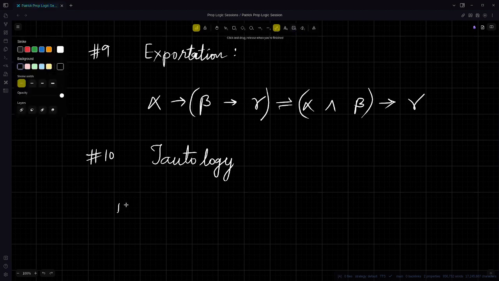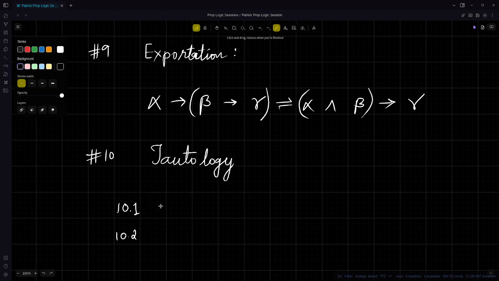Yes. P or not P, that's one kind of tautology. But in this case, we are talking about tautology in the English sense.